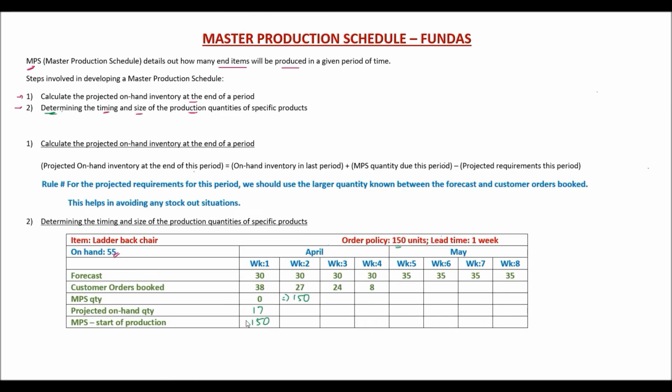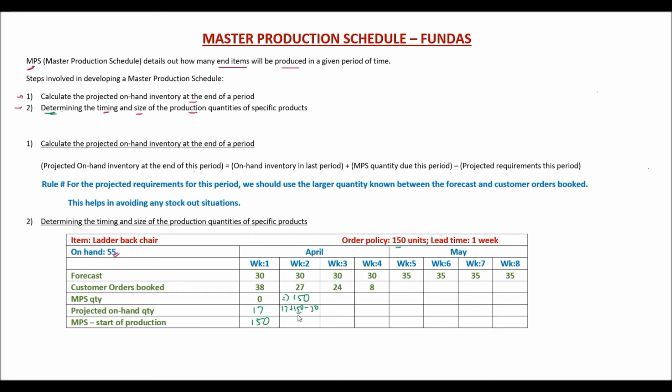So now projected on hand will become on hand inventory in last period, which was 17. So 17 plus MPS quantity, which is 150, minus the projected requirements, which is 30. So this is 30.